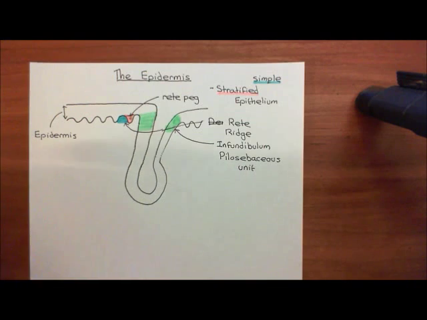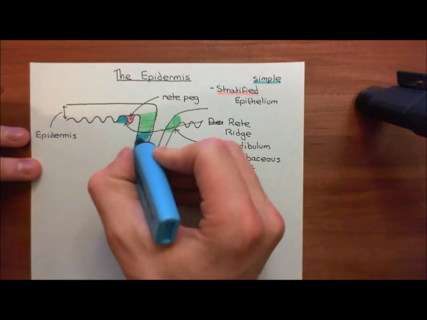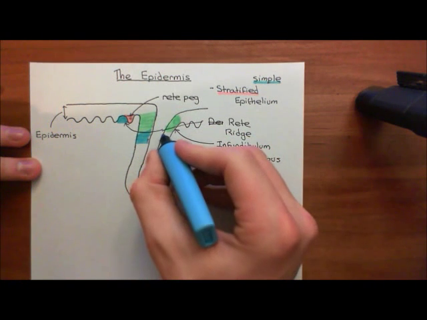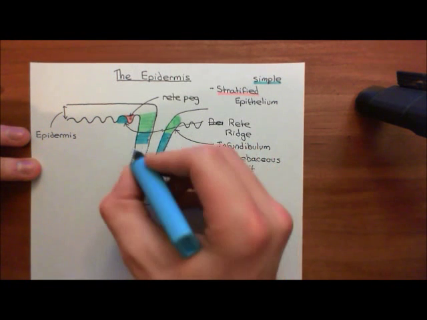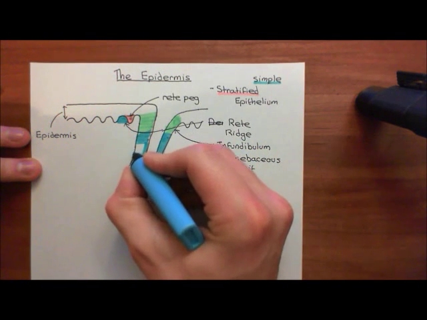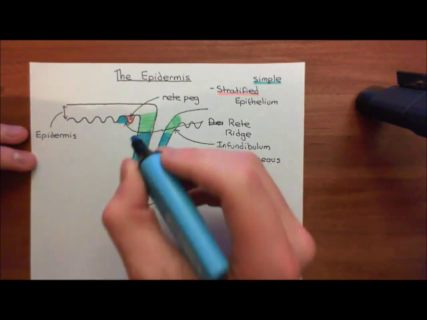Basically this is like a funnel because we're funneling down into the depths of the pilosebaceous unit. Then the next portion, the middle portion, where I've tried to show it narrowing, it's better shown on this side maybe, this portion which is a little bit narrower is known as the isthmus. An isthmus means a narrowing.